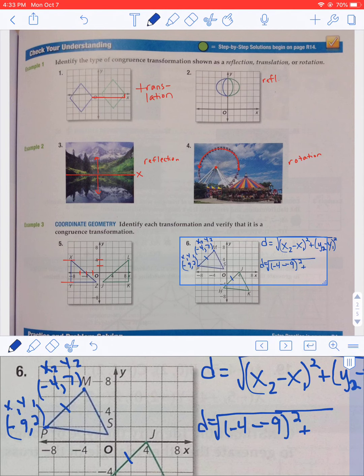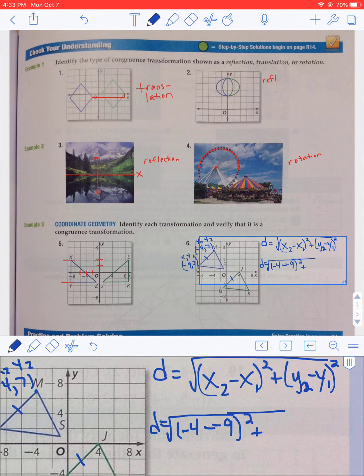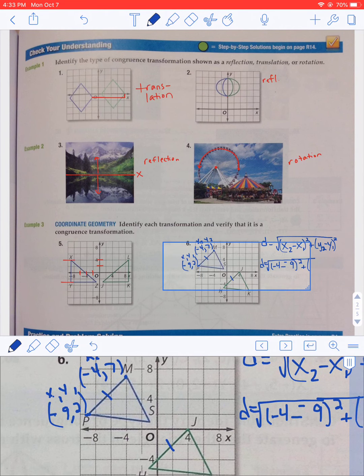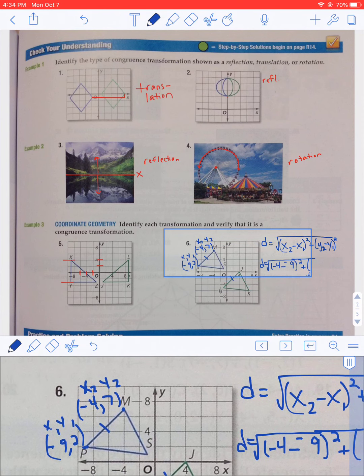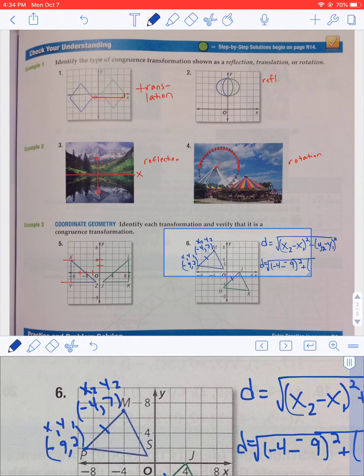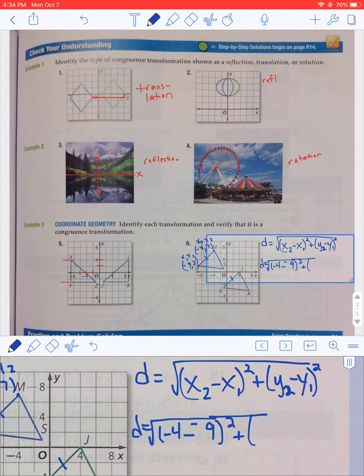And then my y2 is 7, okay, and my y1 is 2, so 7 minus 2 is going to go over here, squared.